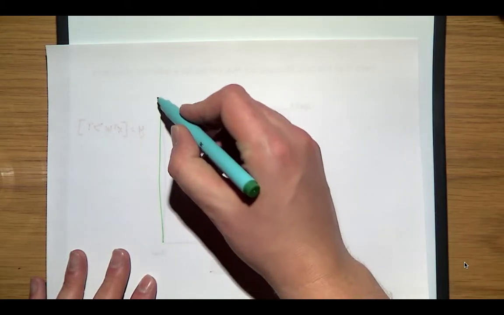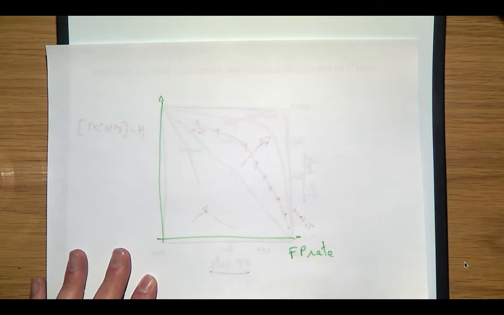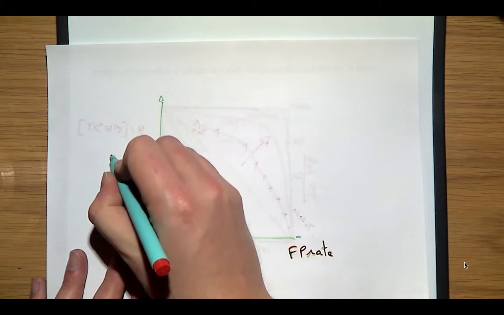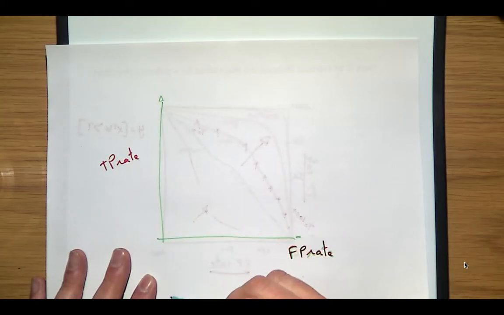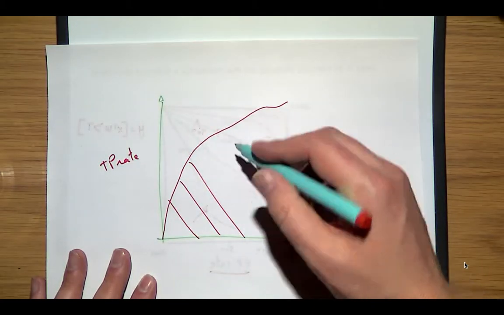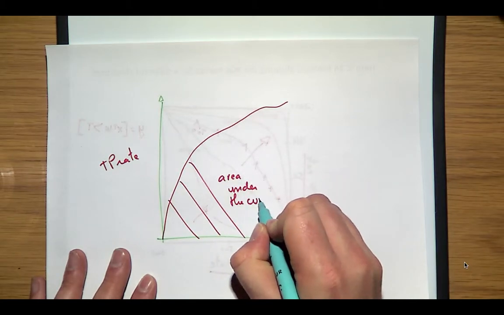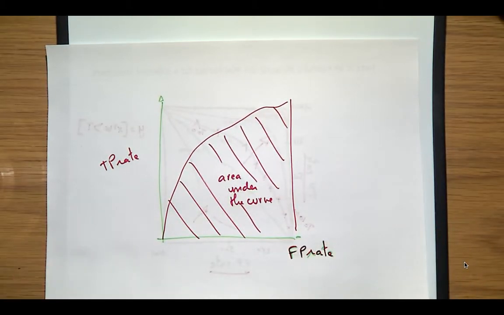Basically, if you have your false positive rate here, and your true positive rate here, and you have your curve, which is somewhere like this, the area under the curve is this part here, indeed the area under the curve of your ROC curve, okay?